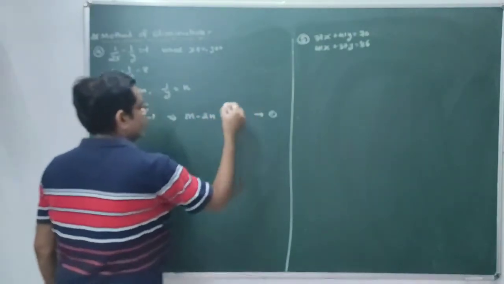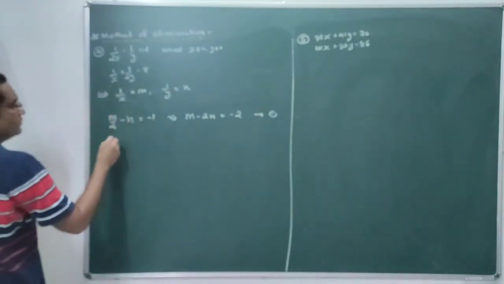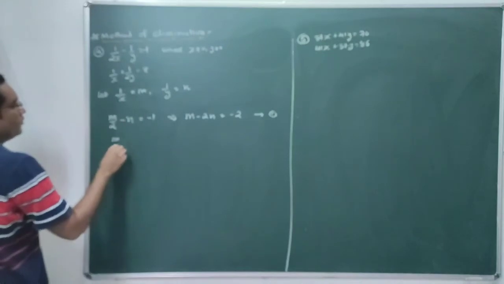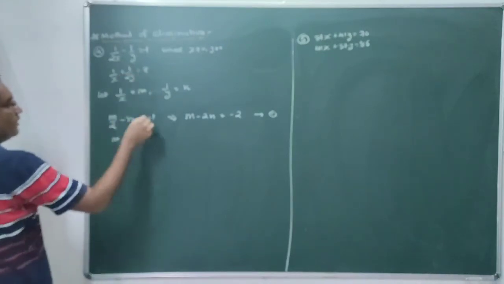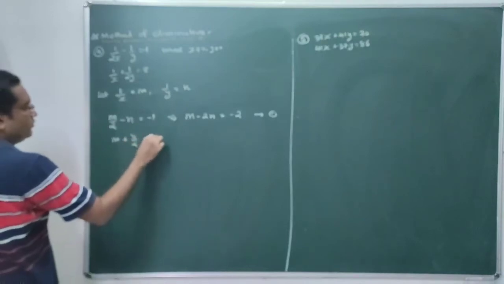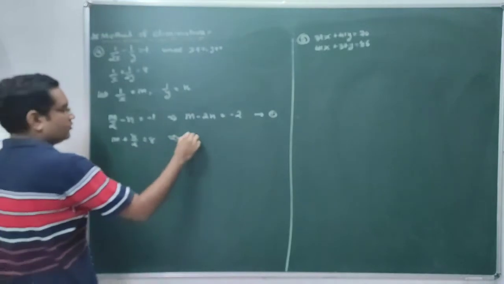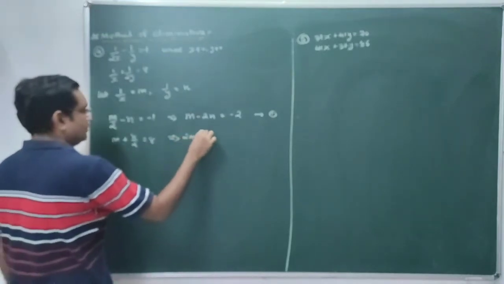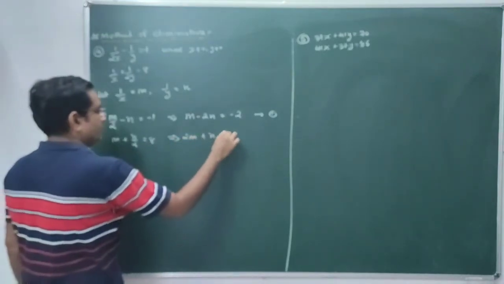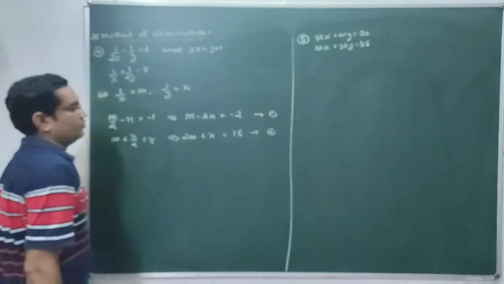Say this one is equation number 1. Now the second one: 1 upon x, which is equal to m, plus 1 upon 2y, equal to n by 2, equal to 8. Again multiply the equation on both sides by 2, so we are getting 2m plus n equal to 16. Say this one is equation 2.